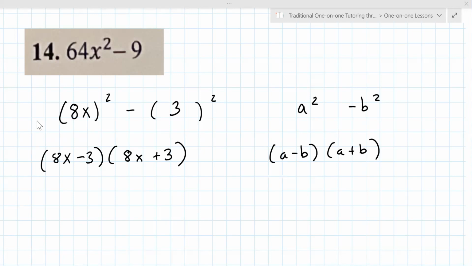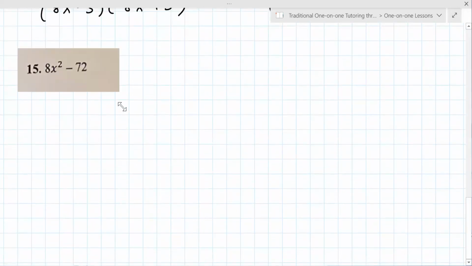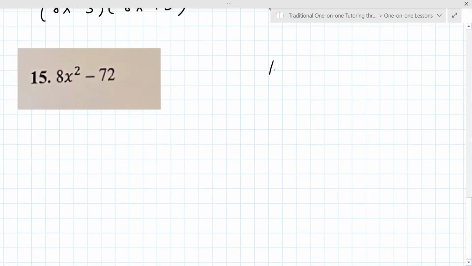So the first step here is actually to factor out the greatest common factor. And the greatest common factor is a number that divides both of these.